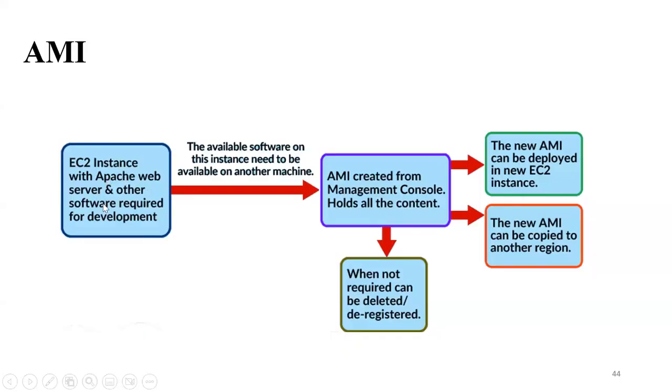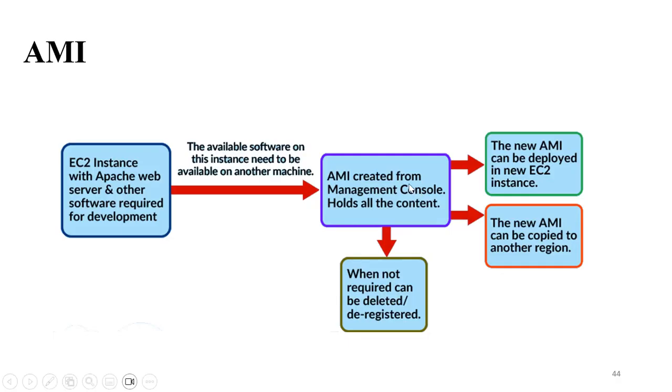We launch it with a web server and other software required for development. Then the software available on this instance needs to be available on another machine. The same software, whatever we have configured, has to be replicated in another machine. Then we can take this EC2 instance and create an AMI from the management console. Whatever content we have in this will be replicated; that will be created as a template image.